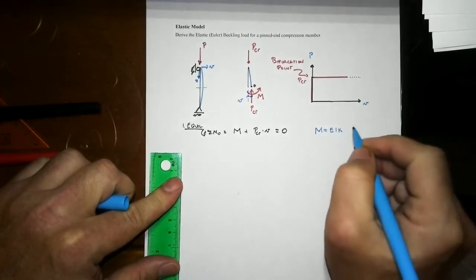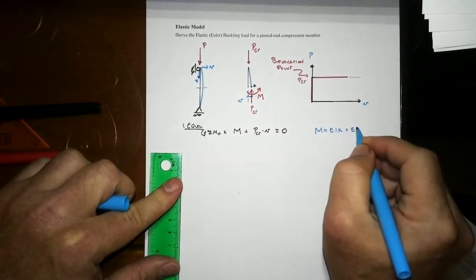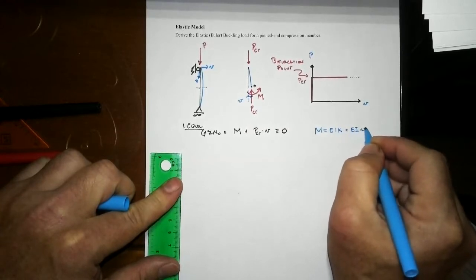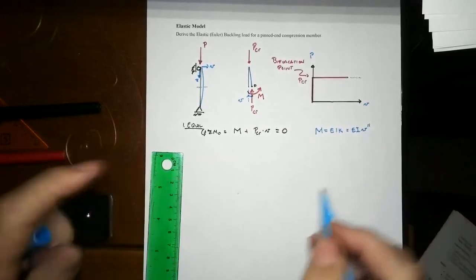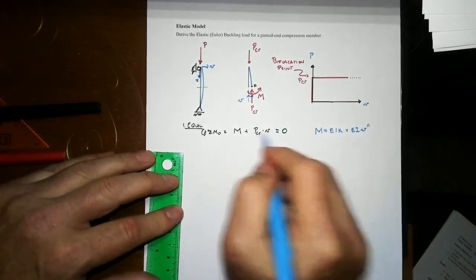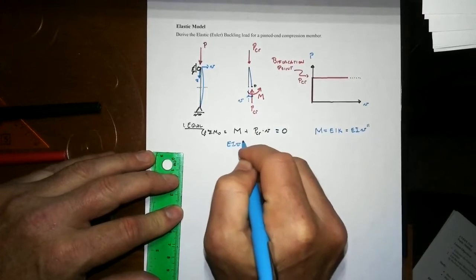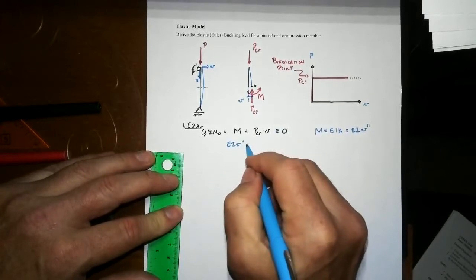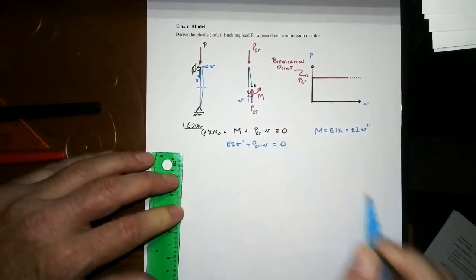Kappa, of course, is 1 over the radius of curvature, but it is approximated by the second derivative of our displaced shape. That's going to be our key. And so when we substitute in for the moment, we have EI v double prime, the second derivative of v, that's the curvature, plus P critical times v is equal to 0.